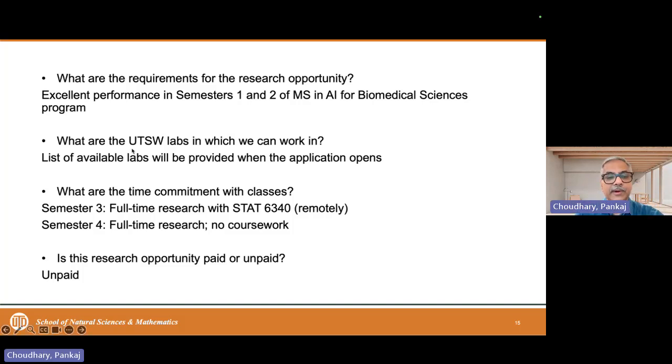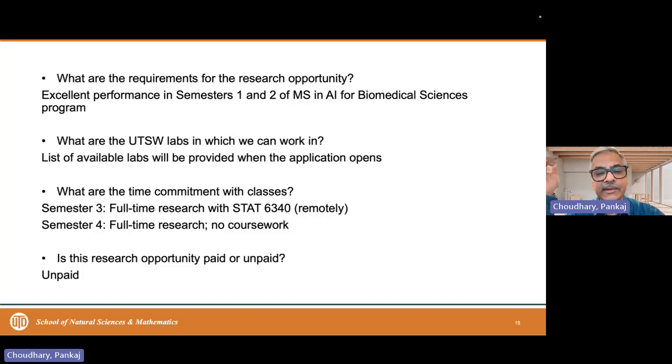The next question is, what are the UT Southwestern labs in which we can work? Like I said, the application for starting in fall 2026 will open sometime in February. At that time, we will have the list of labs that are going to accept our students.